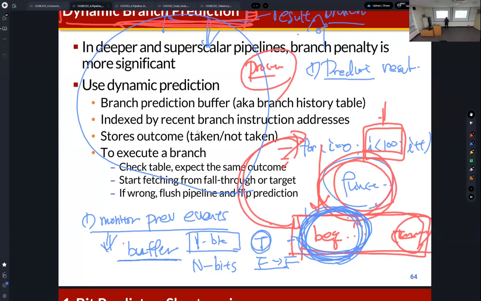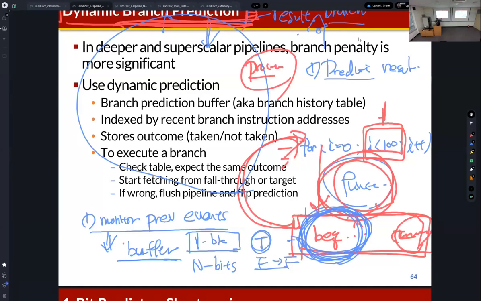The branch predictor uses prediction technology, which means that if the prediction is correct, it is a hit, and if the prediction result is incorrect compared with the real result, it is a miss.